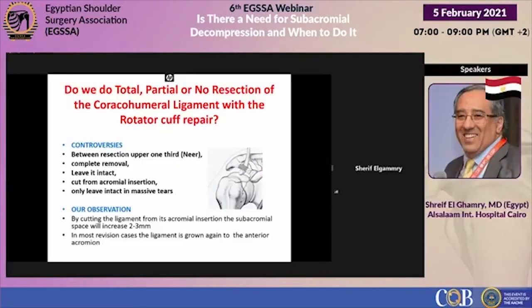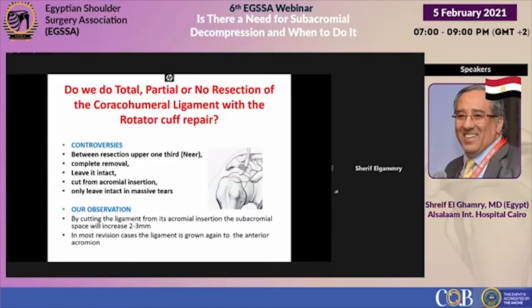Do we do total, partial, or no resection of the coracohumeral ligament with a rotator cuff tear? These are the considerations. The controversies of the intervention range from recommendation of resection of the upper 1/3 of the ligament to complete removal or only detaching the ligament from the acromion. And some recommend no intervention in general, or only in cases of massive rotator cuff tears.